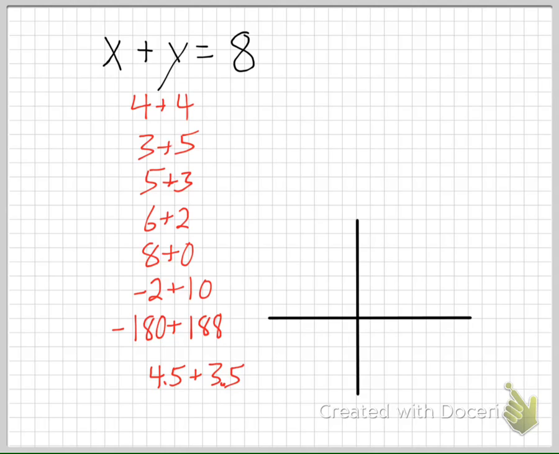So let's see. We have 4, 4, so I could go to the right 4, right? X is 4 and y is 4 is a solution, right? So that's the ordered pair 4, 4, which means right 4 and up 4, which puts it right here.